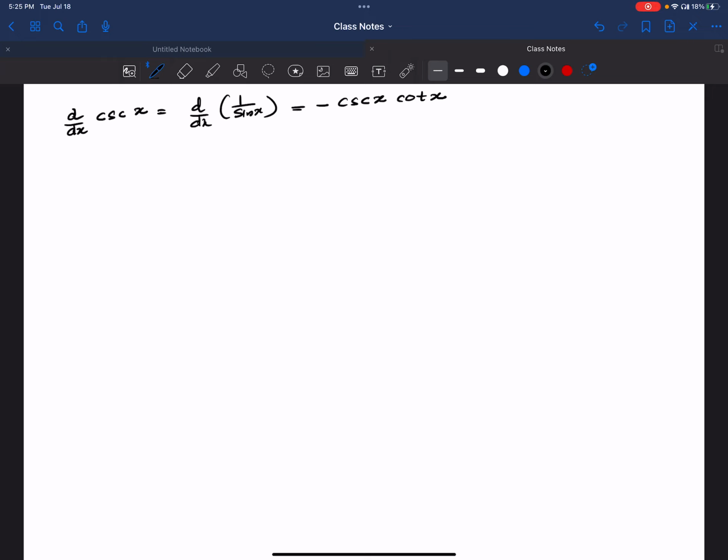So what we obtained so far is d over dx sine x equals cosine x, d over dx cosine x equals negative sine x.